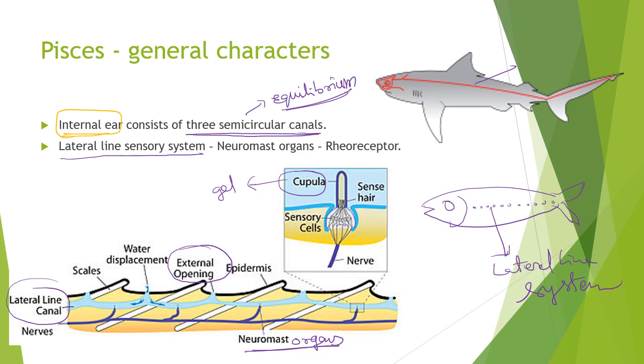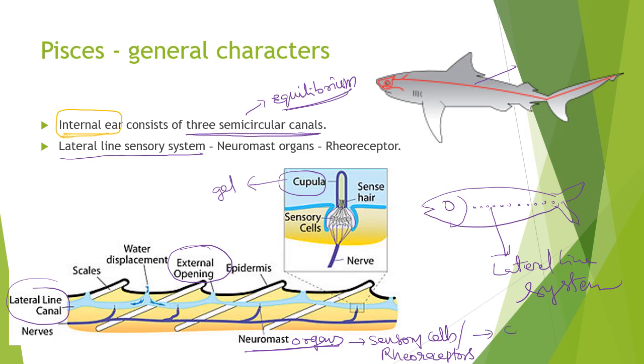Okay, see this here, this is the neuromast organ. Neuromast organs with sensory cells. The sensory cells are also called rheoreceptors. The rheoreceptors are helpful to detect the water currents.